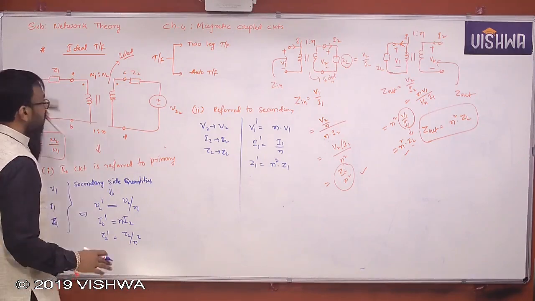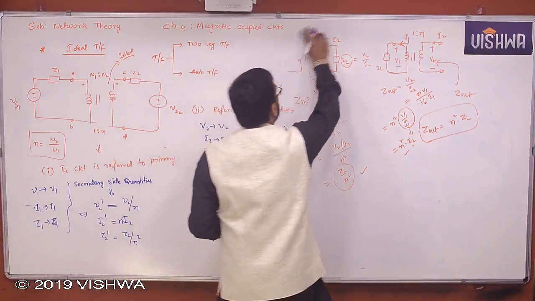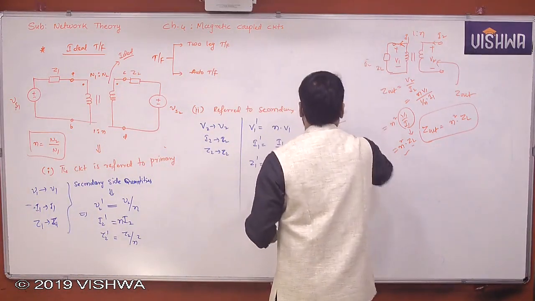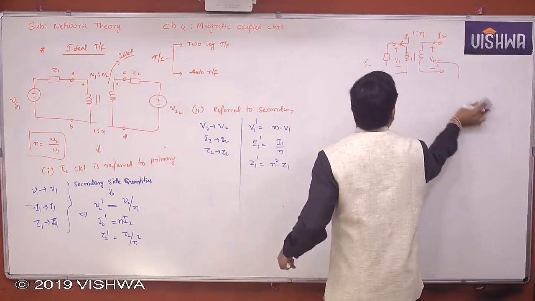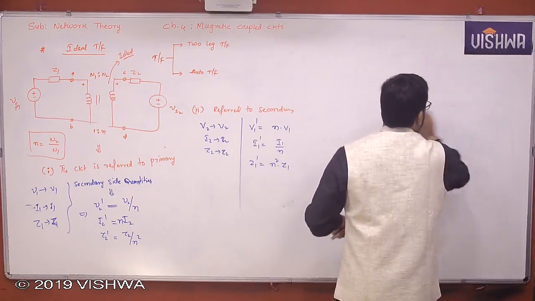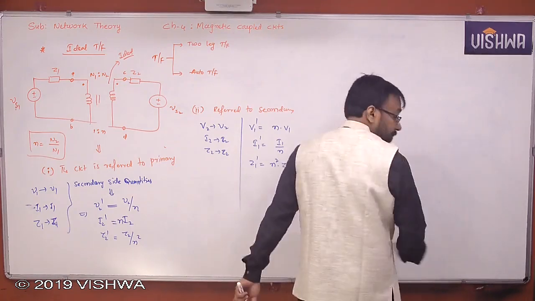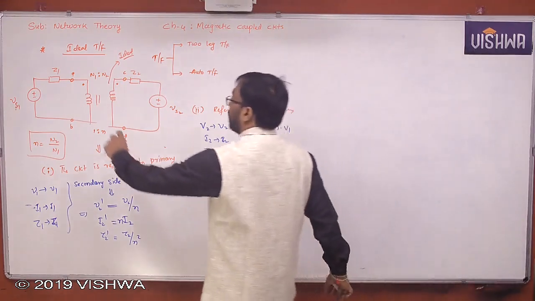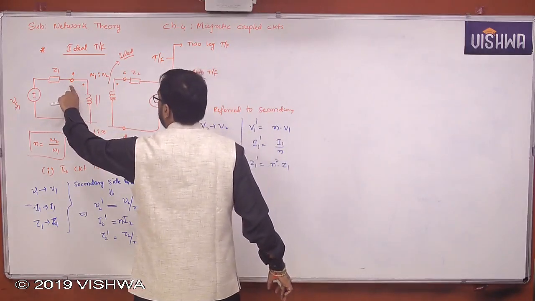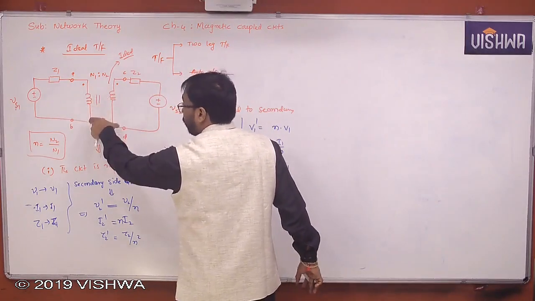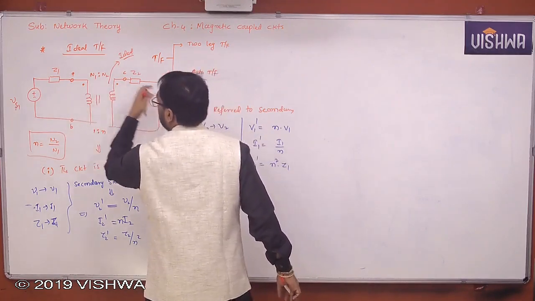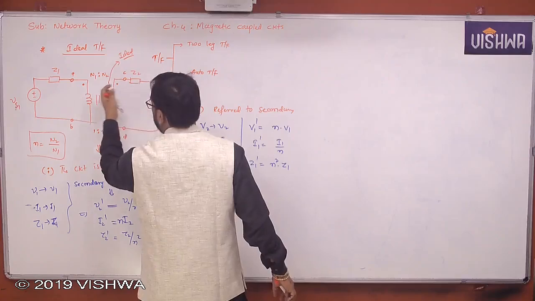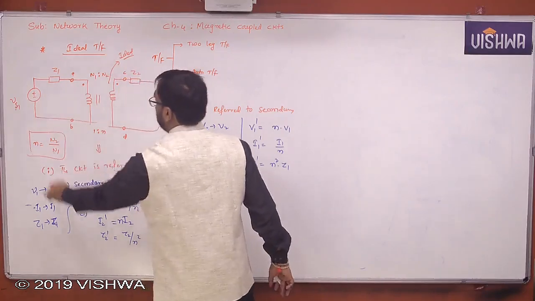Okay. Now this circuit, I would like to work on primary side and secondary side. When I refer the given circuit to primary, what are the primary terminals here? AB. What are the secondary side? Only the transformer you look at. The remaining part, don't worry about that. AB and CD. Now, I'm referring all the components which are connected to the secondary side towards primary.